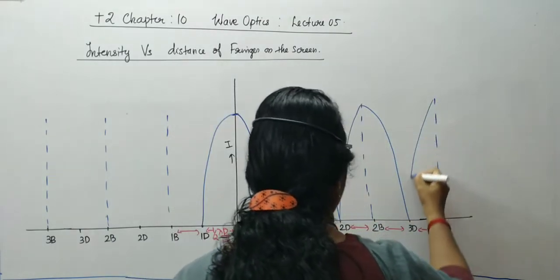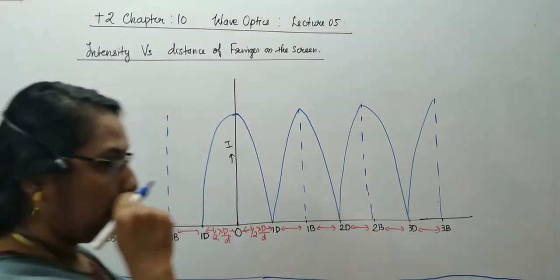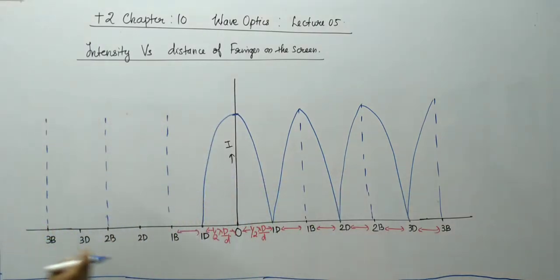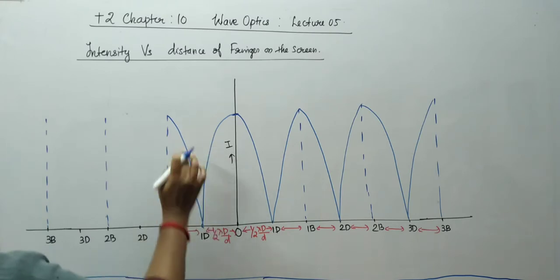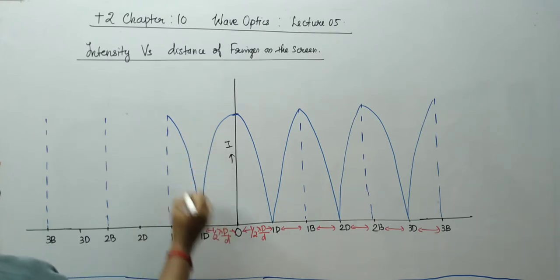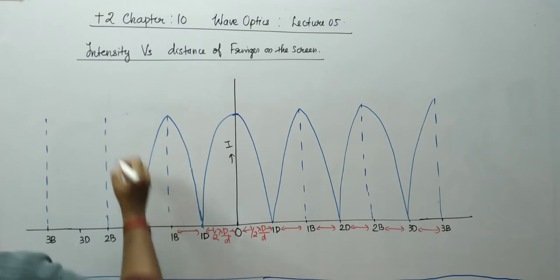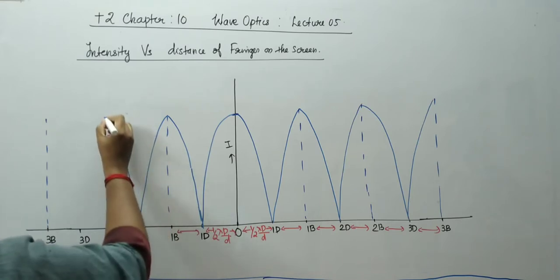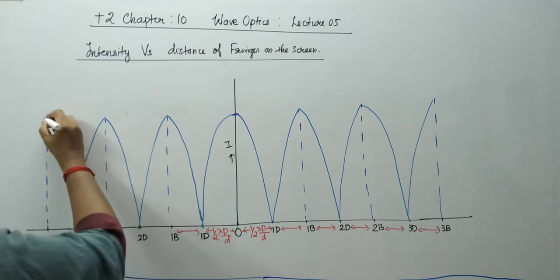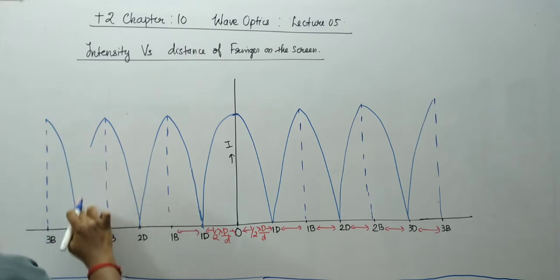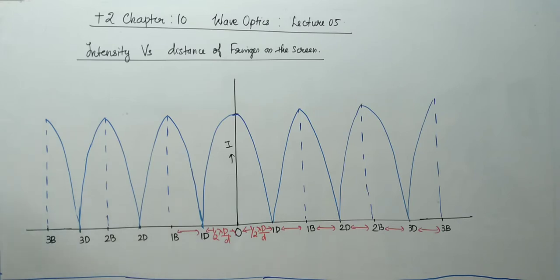Third bright, maximum intensity, and so on. Here also, first dark minima, first bright maxima, minima, maxima, minima, maxima. So this is the intensity versus distance graph.